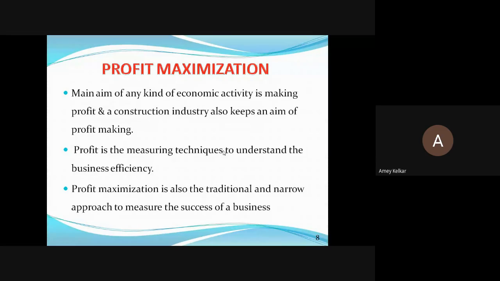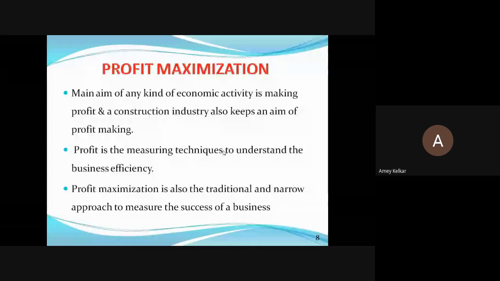Why? In today's world, if we take two names, say Tata and Ambani, both are crorepatis, they have huge money, but one is a businessman and one is an industrialist. This definition was given by Tata himself. Ambani is a businessman and industrialist.